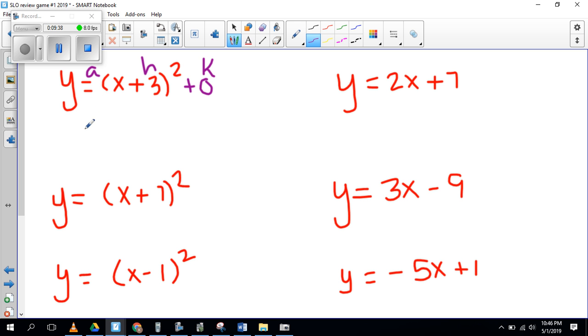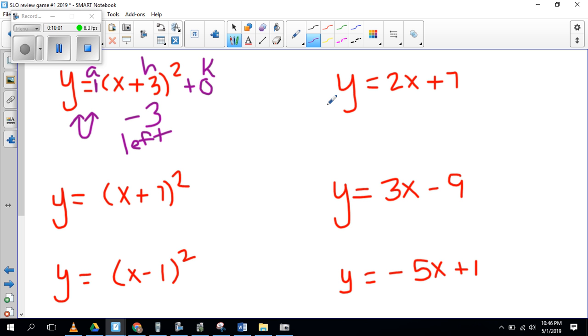A is positive, so we know our graph is going to open up because it's understood to be a 1 if there's nothing there. H, we're going to change to -3, so it's going to go left 3, and it's not going to go up or down because K is 0. So easy. So do the rest of them.